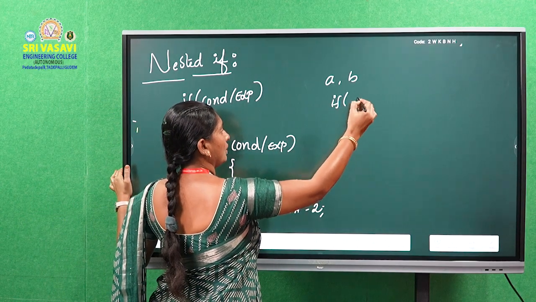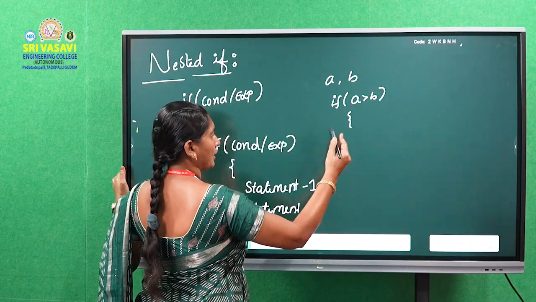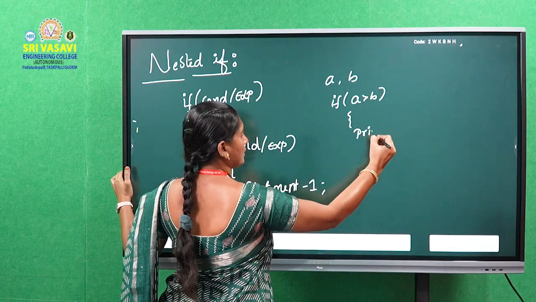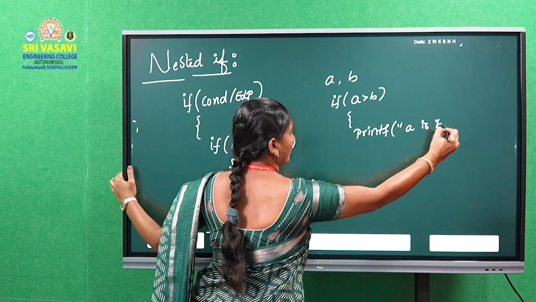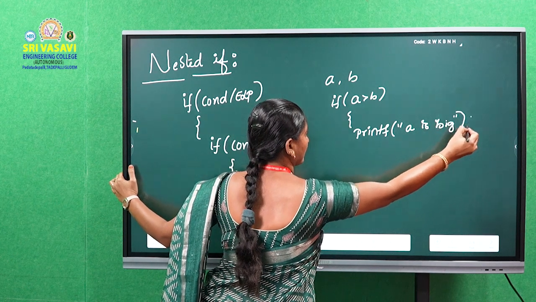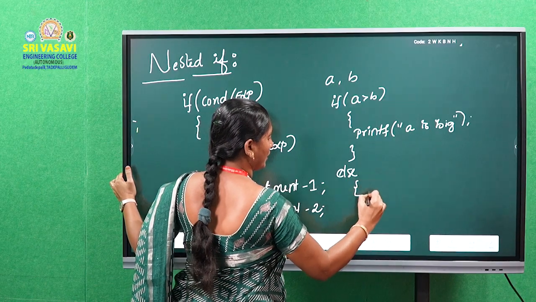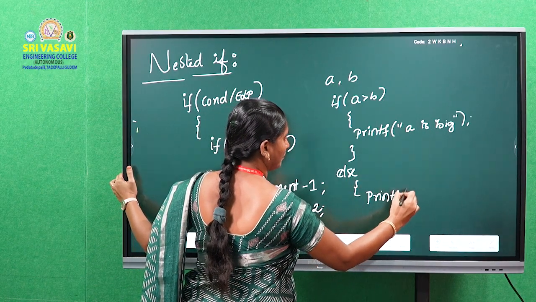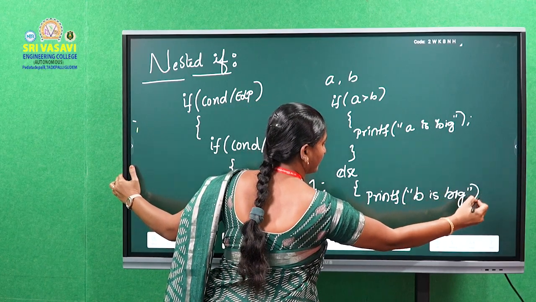That means if a greater than b, we can say a is the big number. If the condition fails, you have to go for else, and we can say with printf that b is the big number.